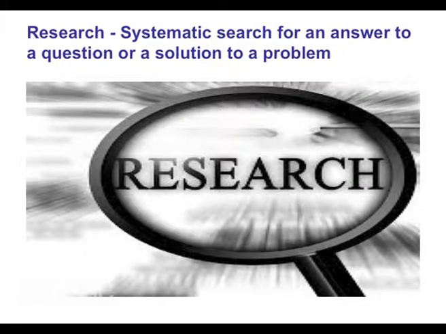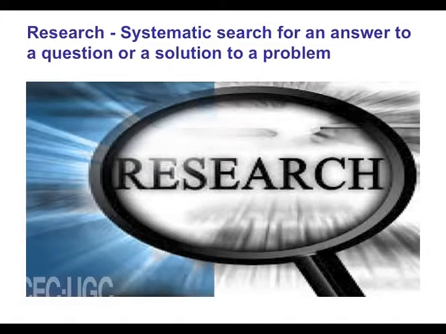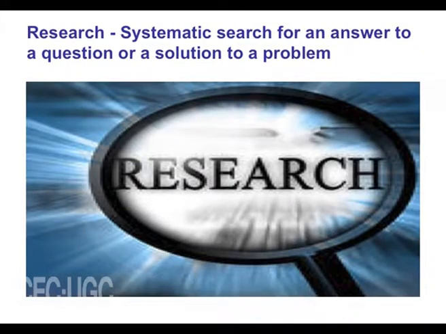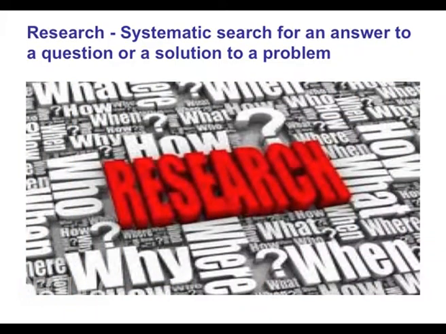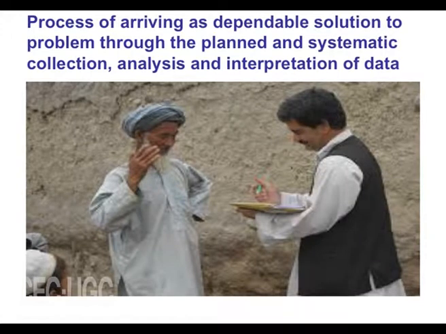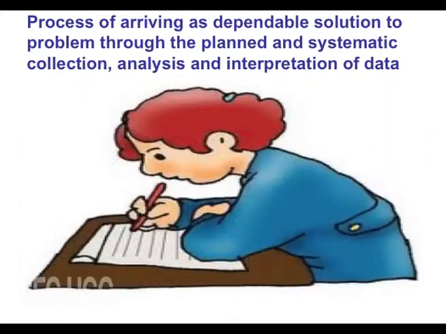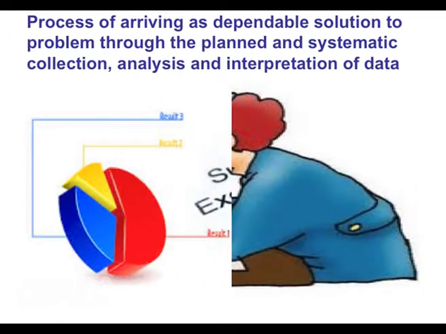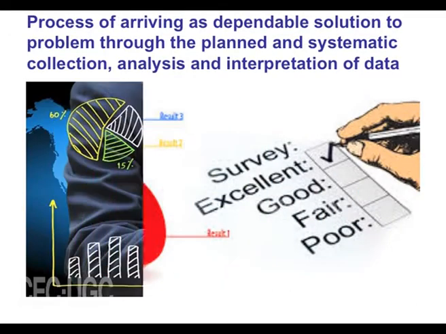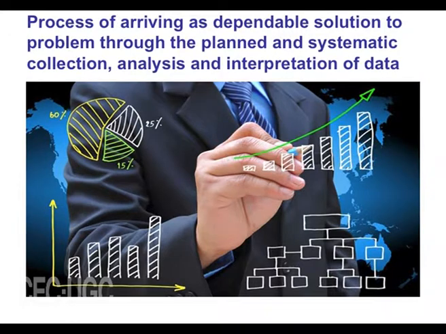Systematic search for an answer to a question or a solution to a problem is called research. It is simply the process of arriving at dependable solutions to problems through the planned and systematic collection, analysis and interpretation of data. It is one of the most effective ways of solving scientific problems.